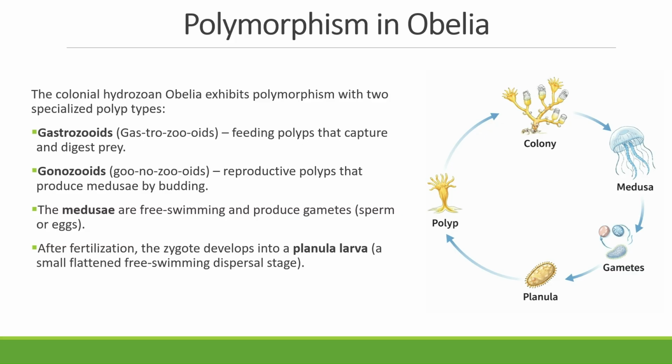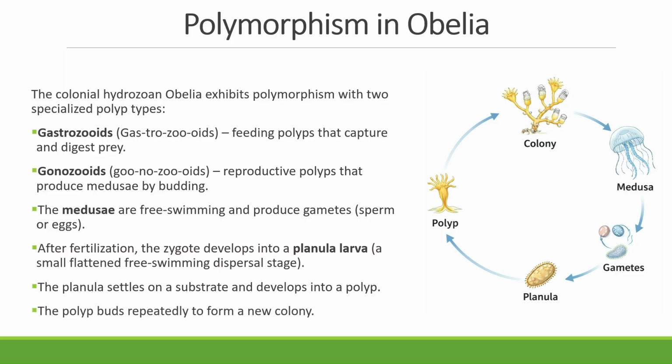This larval stage is called planula because they're small and slightly flattened, and they're a free-swimming stage in the life cycle here. And eventually they will land on some sort of substrate and form a new polyp that will then go on to create a colony. Let's go ahead and look at this life cycle in a different organism, Clytia.